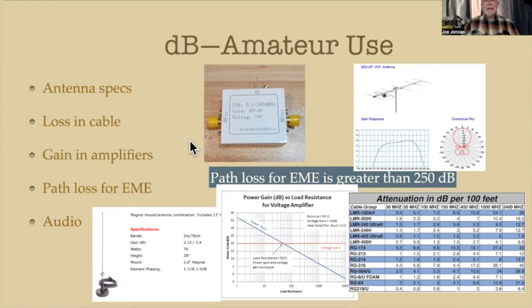But JT65 and JT8, which is a very popular method now for HF communications, can pull the signal completely out of the noise. You can be sitting there listening and it sounds like nothing but noise, and this program will pull the signal out of the noise.